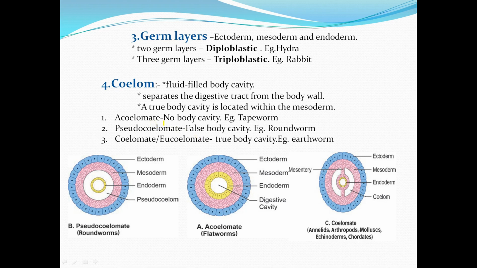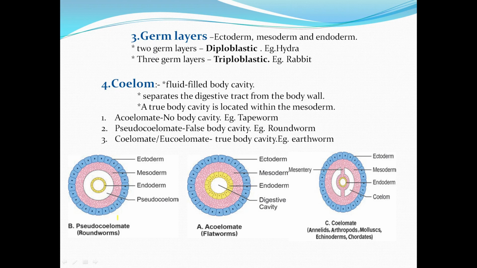In acoelomate, the organism will not have any body cavity. Example for this is tapeworm. In pseudocoelomate, the organism may have a false body cavity. Example is roundworm. And in true coelomate or eucoelomate, the true body cavity or the true coelom will be present. Example is earthworm.